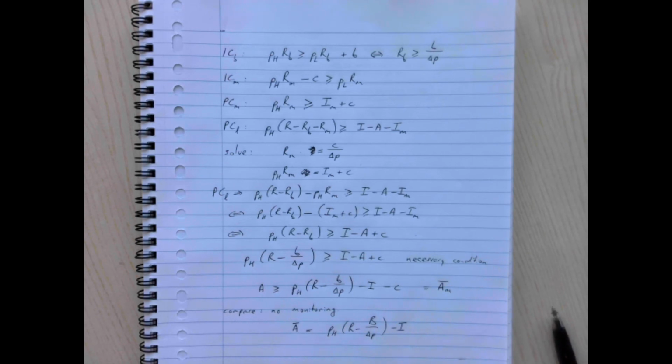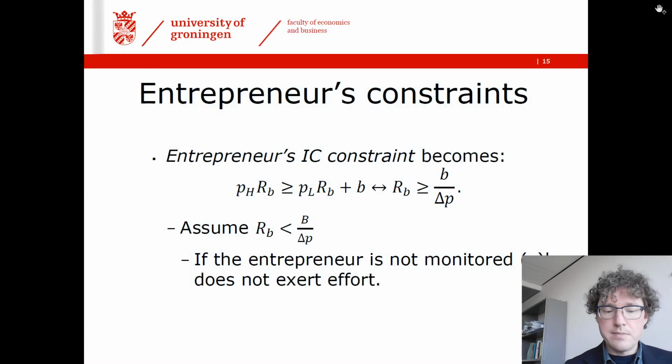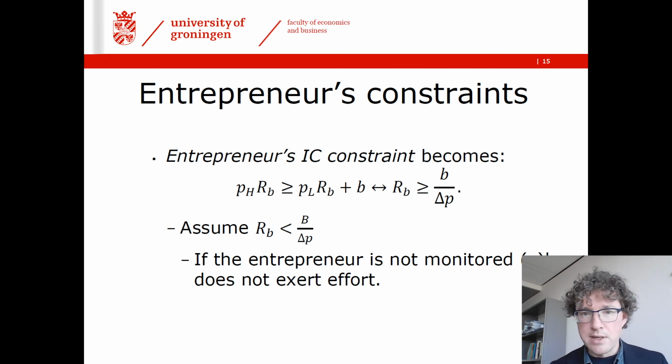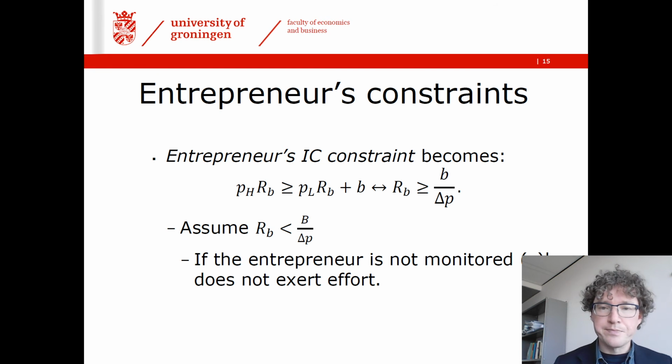So let's go back to the slides where these same computations are done as well. So here we are. We looked at the entrepreneur's constraint. Again, we had this incentive compatibility constraint for the monitor. And we're going to assume, I didn't mention this explicitly just now, perhaps, that the RB that we can pay is not sufficient to warrant incentive compatibility in case the private benefits are still as large as capital B. Because if they were, then we would have no problem at all.